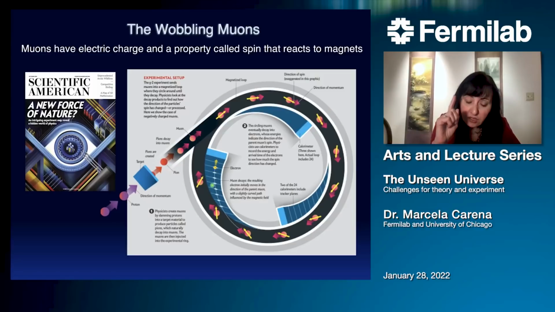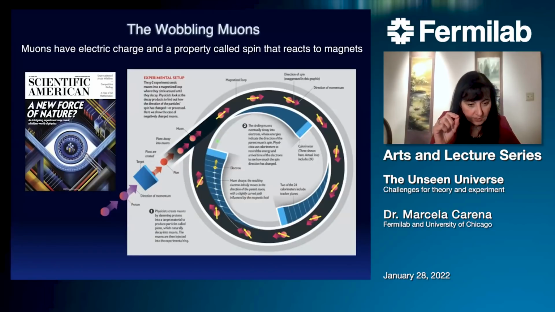As I said, the magnetic field is there and makes the electrically charged muons orbit around the ring at very high speed, almost the speed of light. But it also causes the spin to precess, like a gyroscope, when the muons go around the ring.